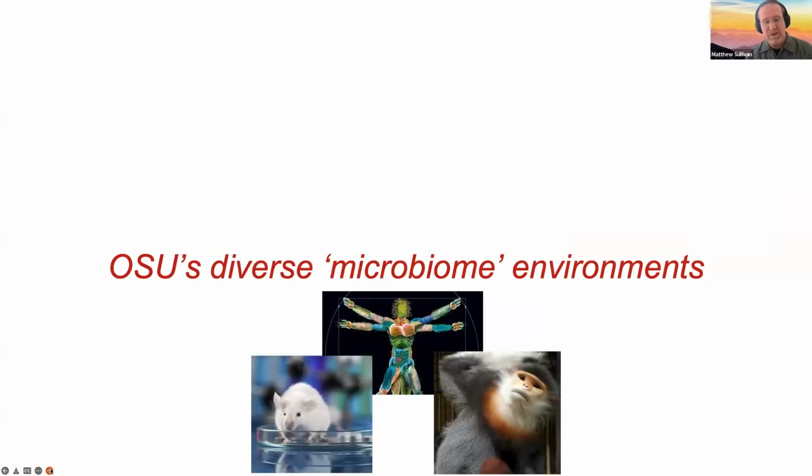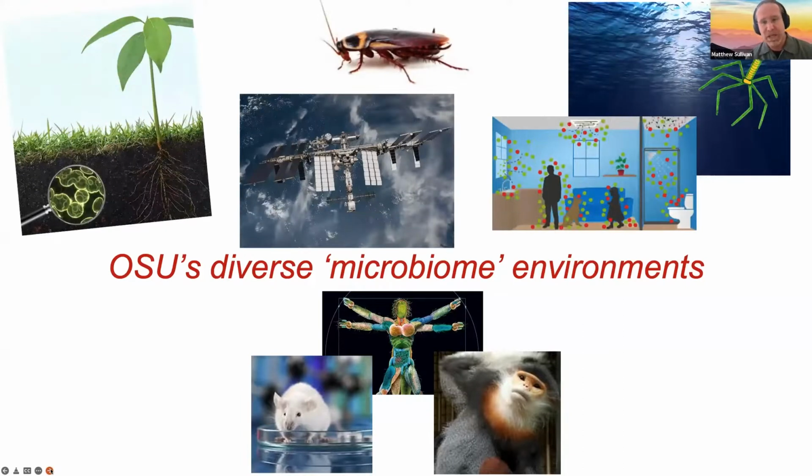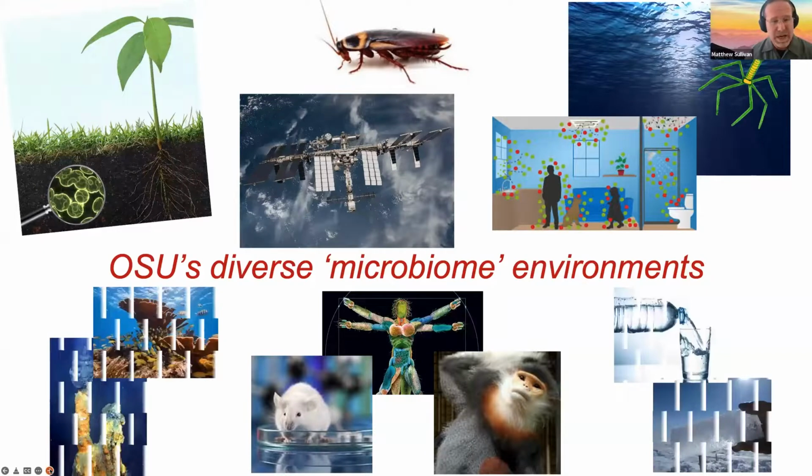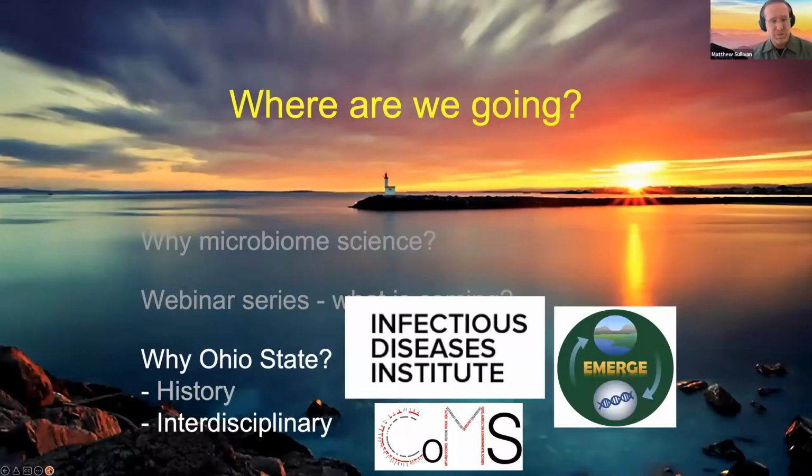Not only at Ohio State are we focused on the human microbiome, but also other mammalian microbiota, and a lot of other environments, from soils and the oceans to the air that you might breathe around you in indoor environments, cockroach microbiomes as a way to study, actually for human health, the evolution of microbiomes, even microbiomes on the International Space Station, and other extreme environments like hydrothermal vents or ancient ice cores, which have virtually no biomass, or microbiomes in coral reefs. So lots and lots of environments, and that's the hallmark of Ohio State's microbiome community.